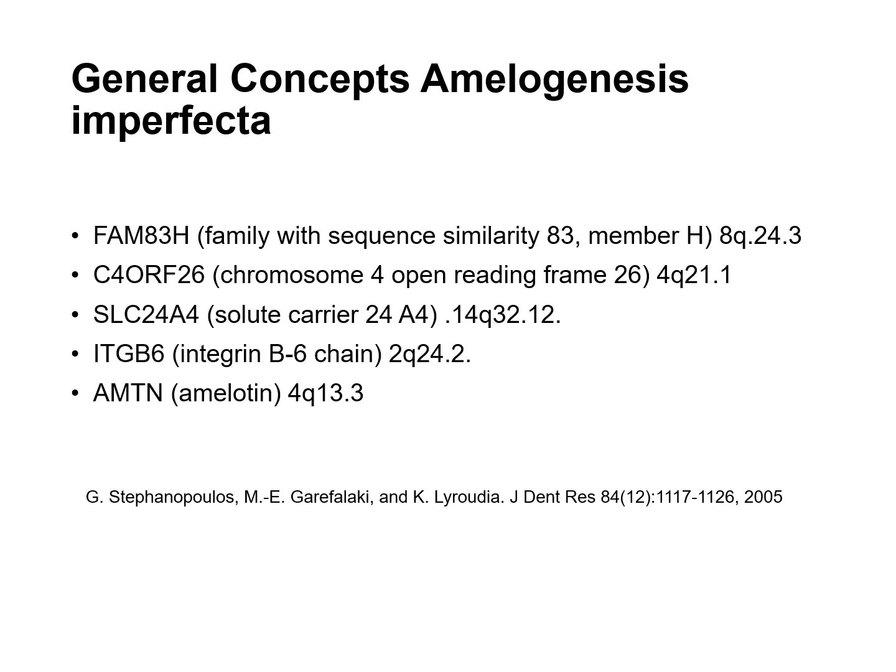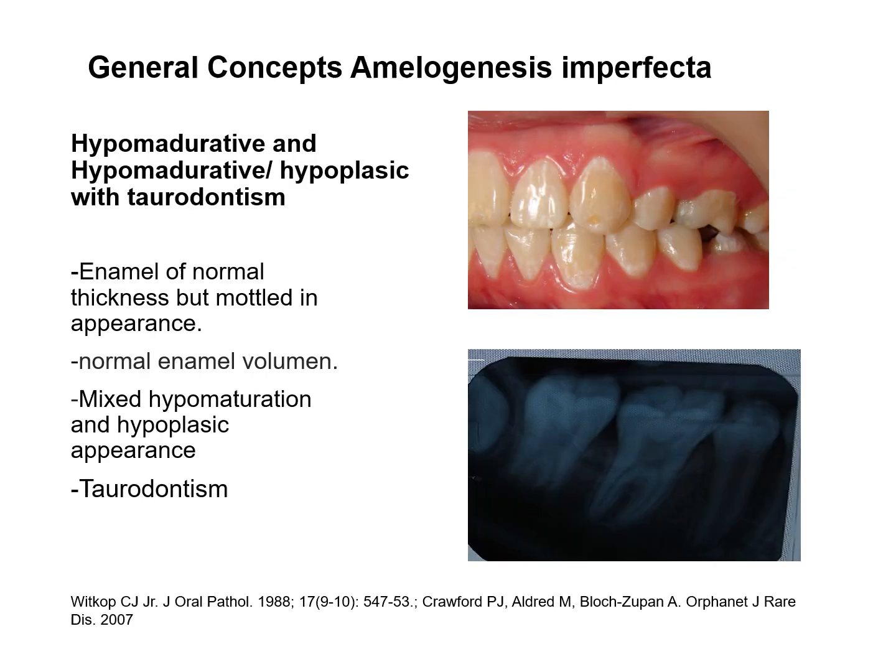Mutations occur in the following genes that are responsible for this phenotype. FAM83H gene and amelogenin stand out in particular. The hypomaturative phenotype presents the enamel of normal thickness but mottled in appearance.